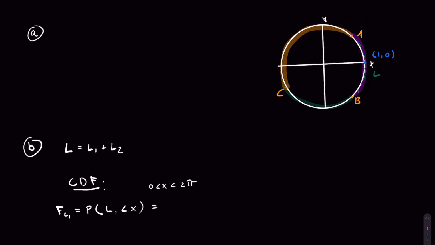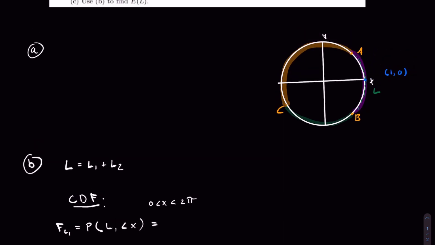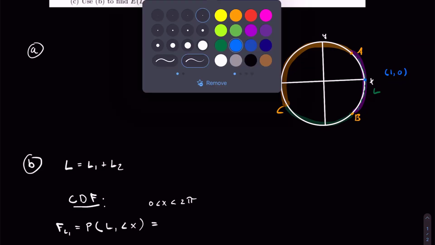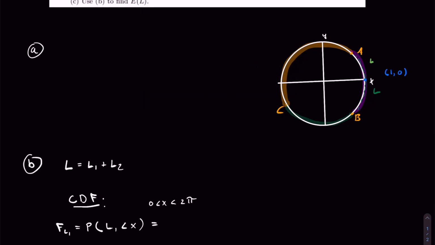Now we need to think about where L1 falls on this. L1, in green, is this piece here.